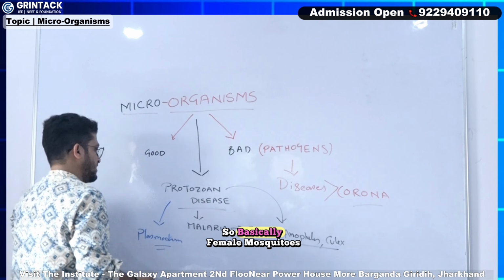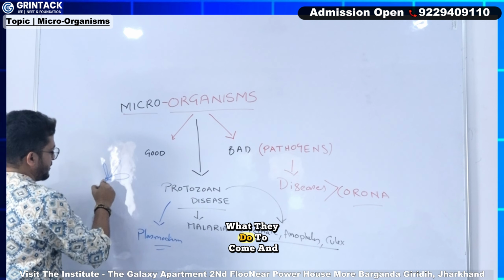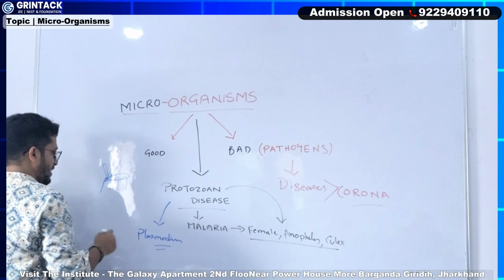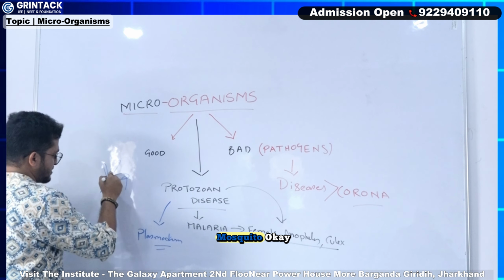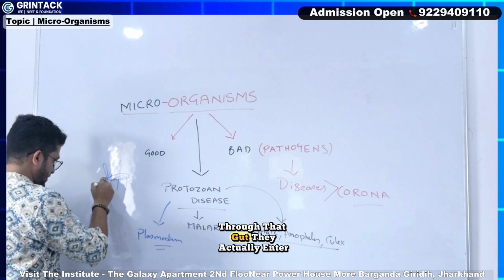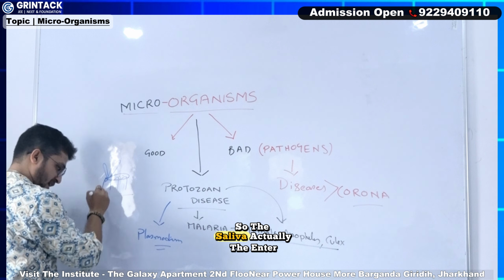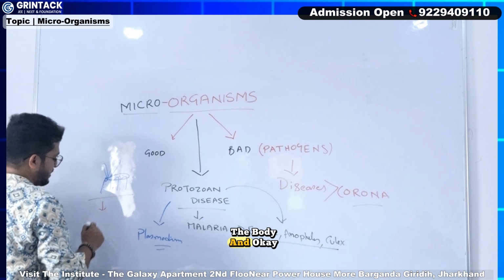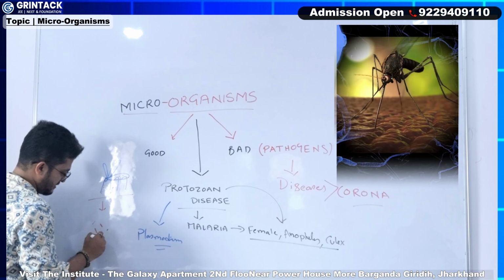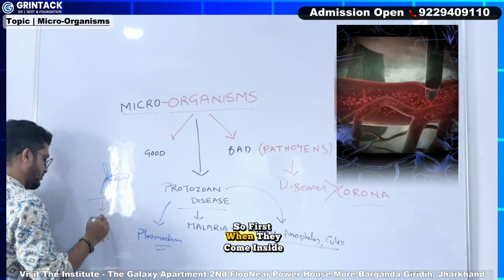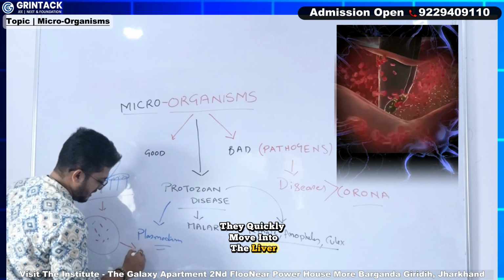So female mosquitoes come and bite. The Plasmodium is generally present inside the gut of the mosquito. Through the saliva, they enter the body and cause disease. This is malaria. When they first come inside the body, they quickly move into the liver.